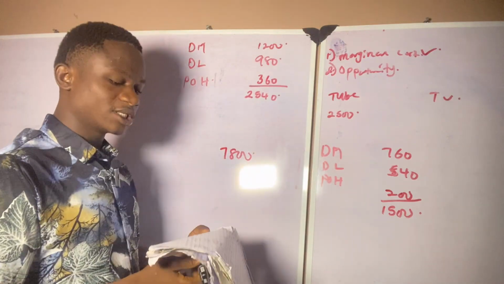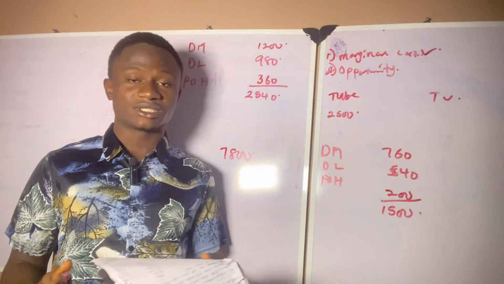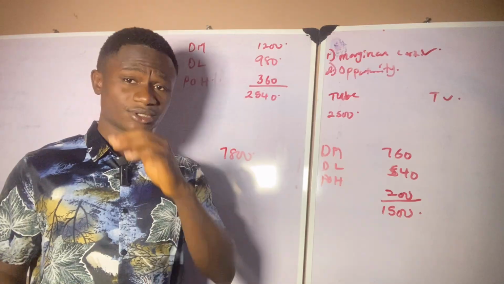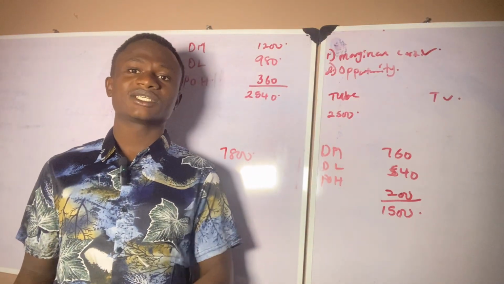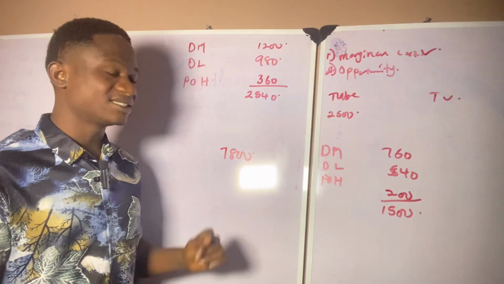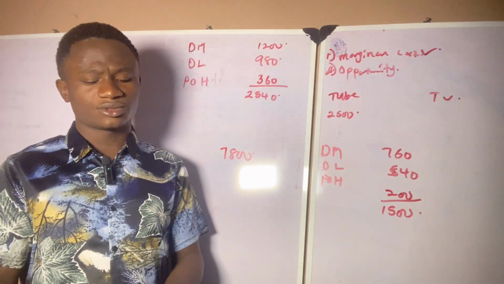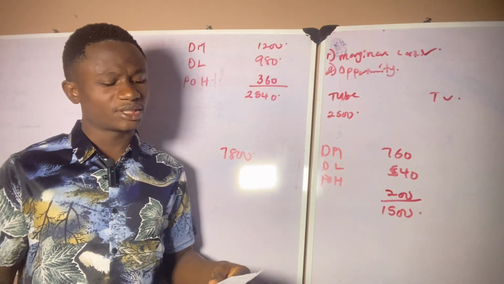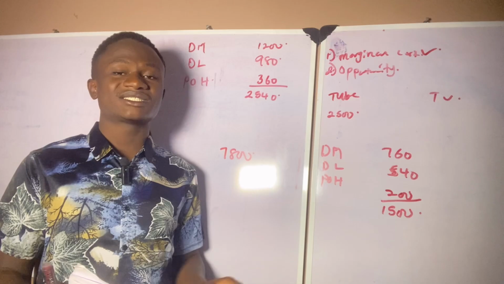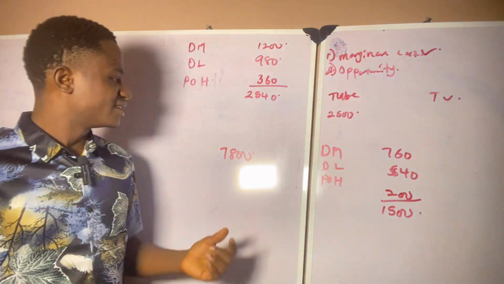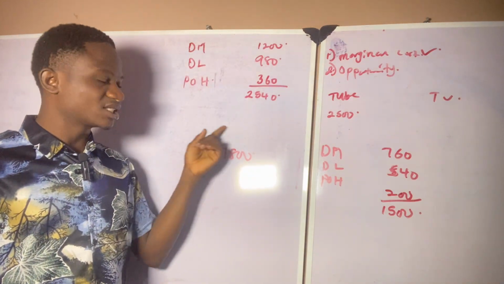In the breakdown, we're told that selling and administration expenses is 7.8 million. Selling and administration expenses can be fixed and can be variable. We're not told if it is fixed or variable. We're just told that it is 7.8. And then continuing the question, there's a particular place that told us again that the tube division has fixed selling and administration expenses of 7 million. So this is the total selling and administration expenses.